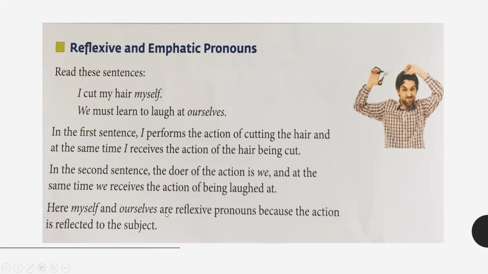Here myself and ourselves are reflexive pronouns. Why? Because the action is reflected back to the subject, the person who is doing the action. Here we is doing the action of laughing, and the laughing action reflects back on the subject we. That's why they are called reflexive.